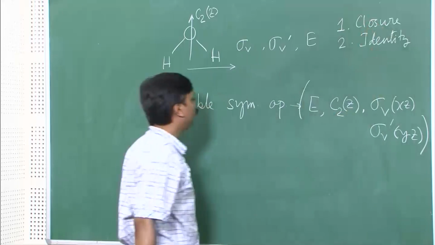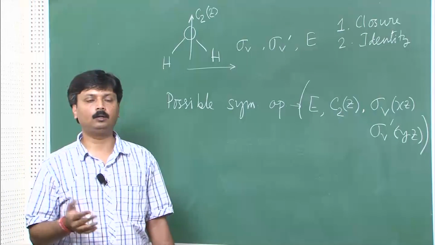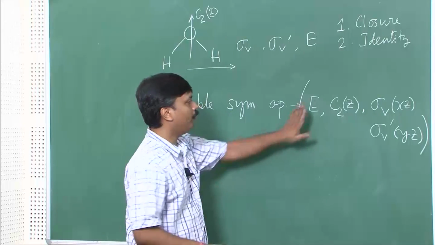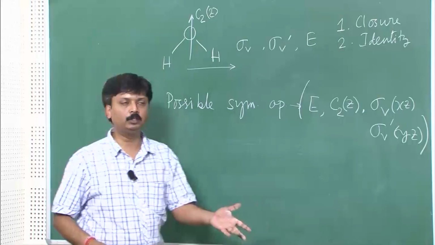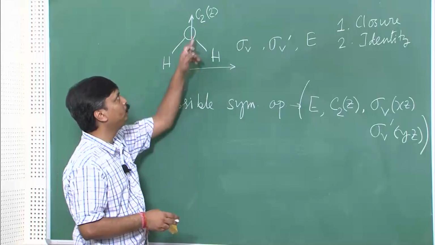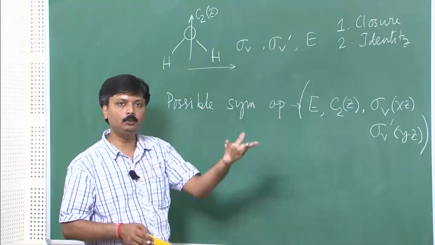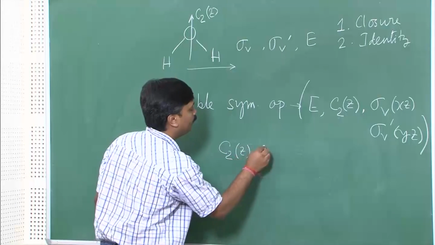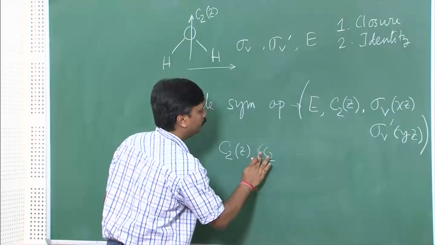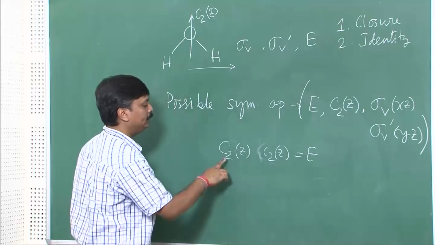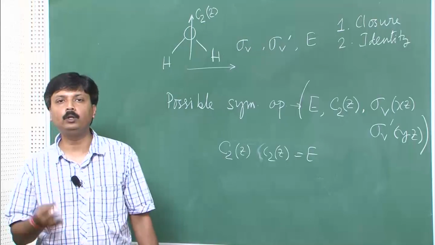Now, let us look for the presence of unique inverse. Okay, forget about E because E is its own inverse always. What about C2Z? Now, we know that C2, if I operate twice, it gives you E. So, you have C2Z followed by another C2Z, is nothing but identity. That means C2 is its own inverse.